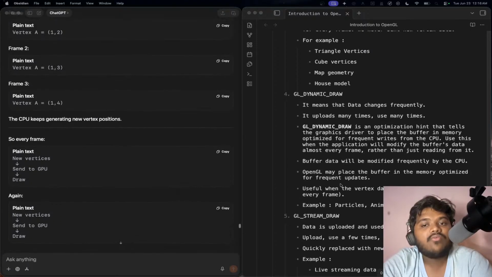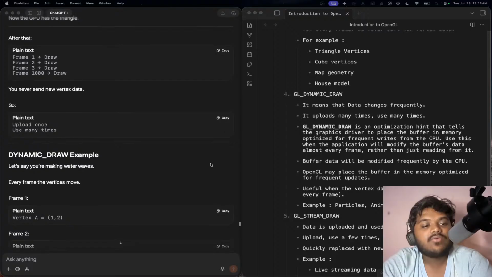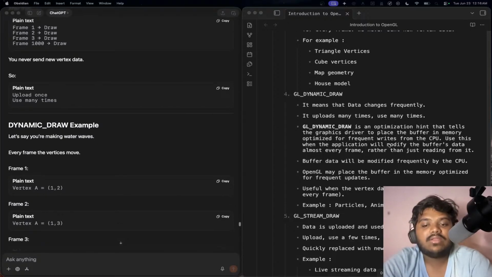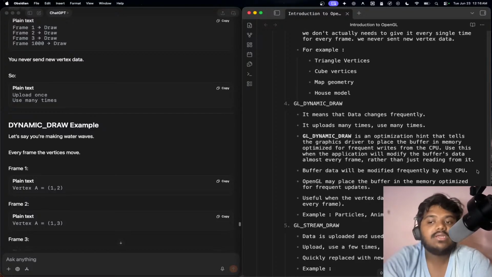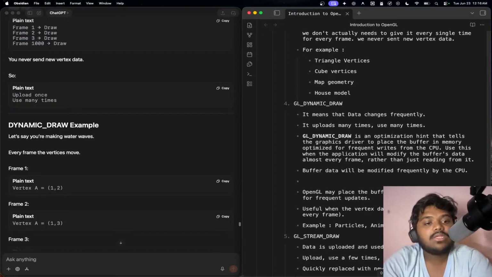So for the dynamic, right? Let me note that down in the notes. GL_DYNAMIC_DRAW.